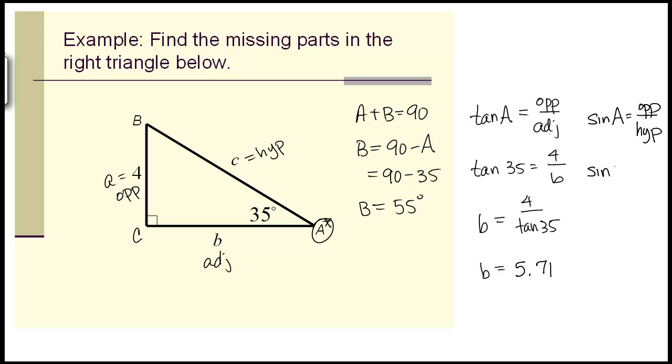You know that angle A is 35, you know that opposite is 4 and hypotenuse is C. Again, the variable is in the denominator, so I'm going to switch it. That means that C is equal to 4 over the sine of 35. And that should give me the value of 6.97.